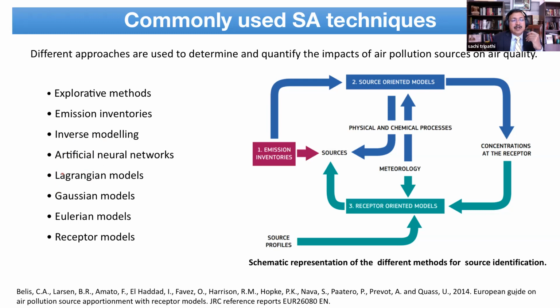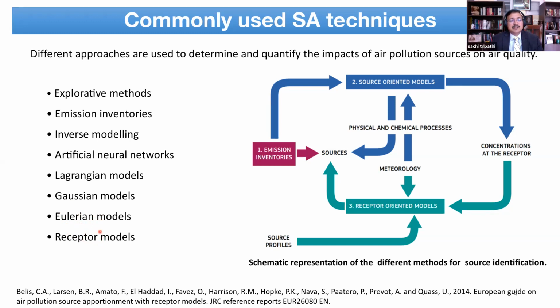Then you have the very well-known Gaussian models, where you start with the source and then, using the Gaussian approach, given the atmospheric turbulence and wind speed, you have certain criteria and try to predict the concentration at the receptor site, but it will not be able to tell the contribution from various sources because it does not account for the chemistry which is happening in the atmosphere.